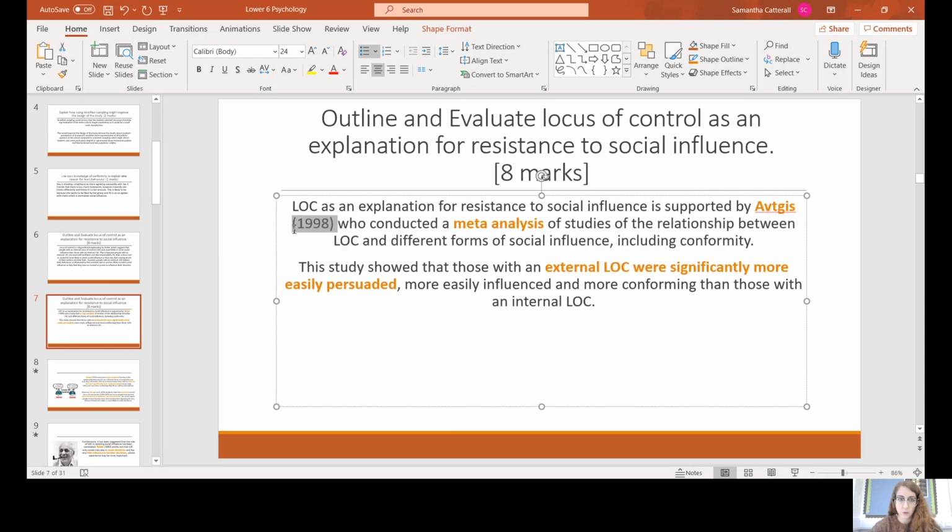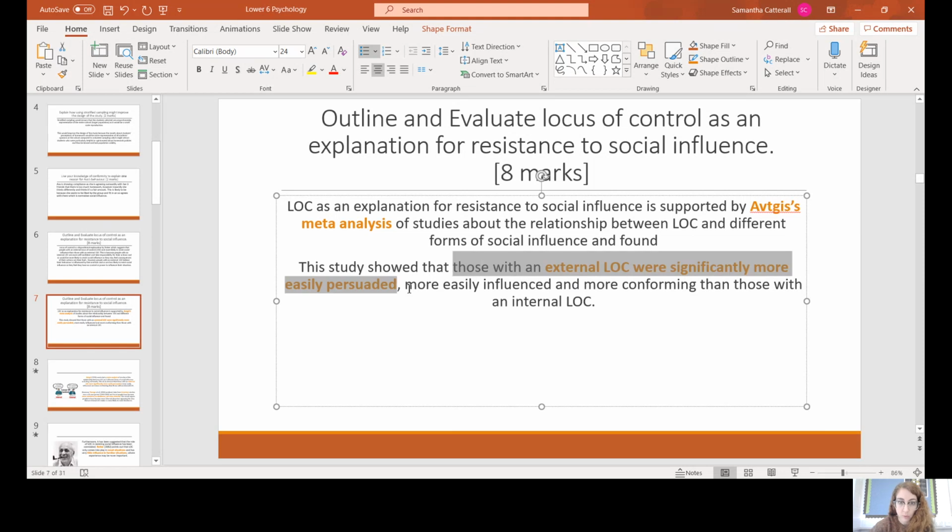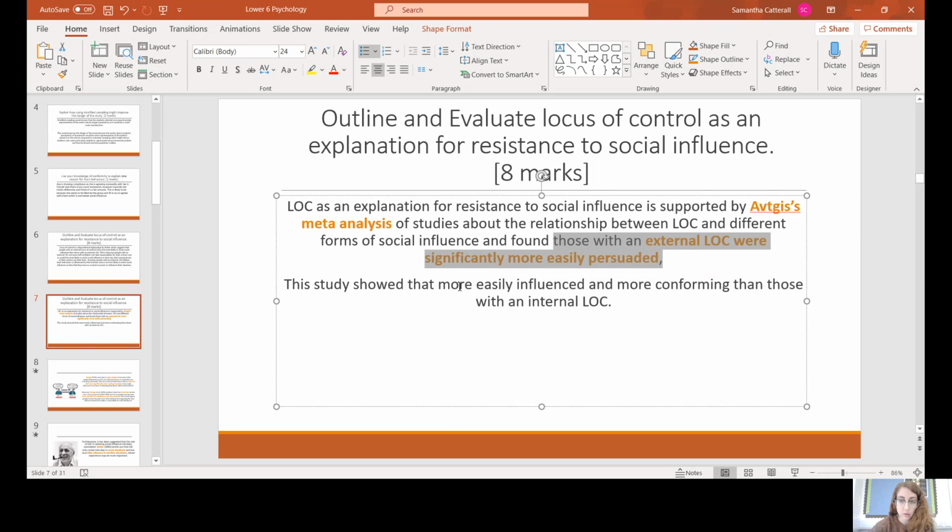What I'm going to actually do is just put AQA's meta-analysis of studies, the relationship between different forms of social influence, found those with an external locus are always significantly more easily persuaded, and more conforming.